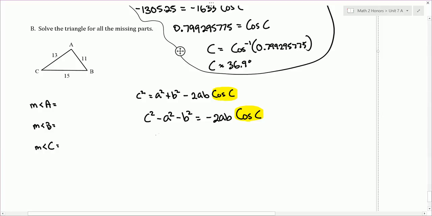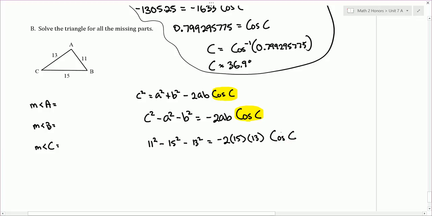So C squared, let's plug things in here. So C is 11, so 11 squared minus A is 15, 15 squared, minus B is 13, so 13 squared, is equal to negative 2 times A times B times the cosine of C.